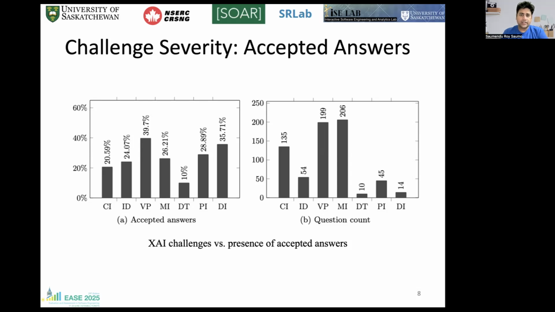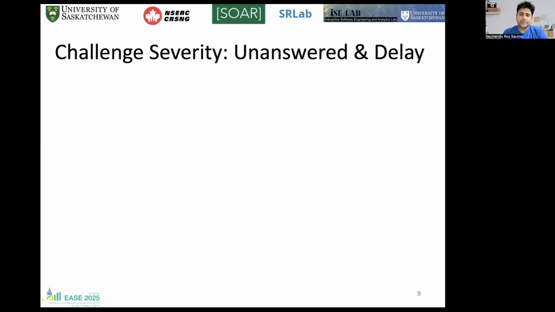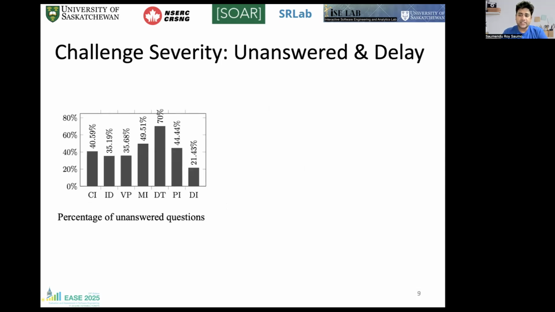For challenge severity in terms of unanswered questions and delay, we also examined the response delays and unanswered rates. Here we can see the percentage of unanswered questions. Many posts about model integration and complex tool setups remained unanswered for extended periods or were not answered at all. This points to a lack of community expertise or documentation gaps.